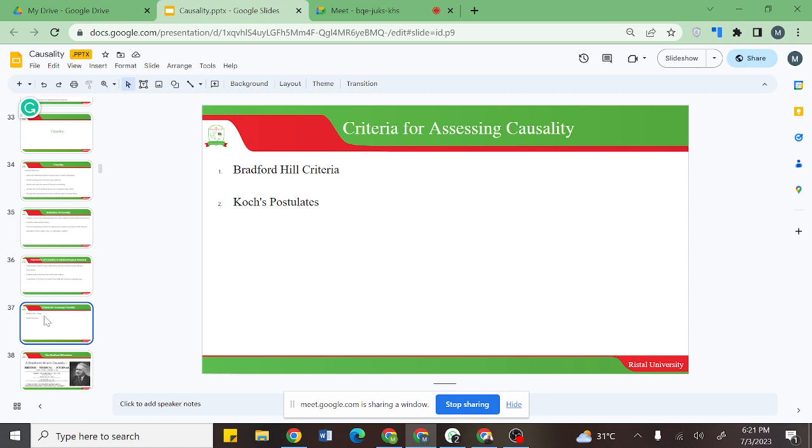One is what we call the Bradford Hill criteria, and then Koch's postulates. Those are the two methods that we can use to assess causality. So we are going to look at each of these in details.